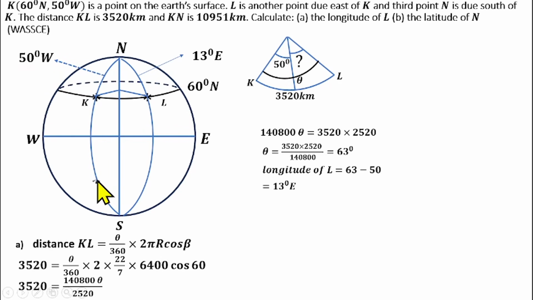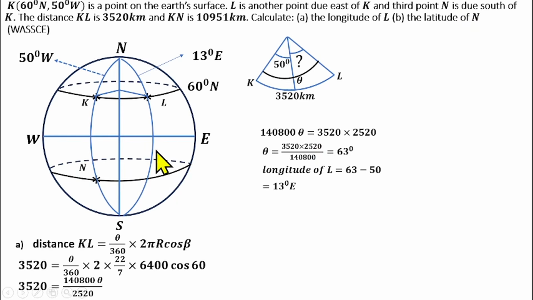So there will be another point here, labeled N. Then N will have its own latitude, because it already has a longitude, since it is south of K, so they are on the same longitude. That's what they ask you to find: the latitude of N.